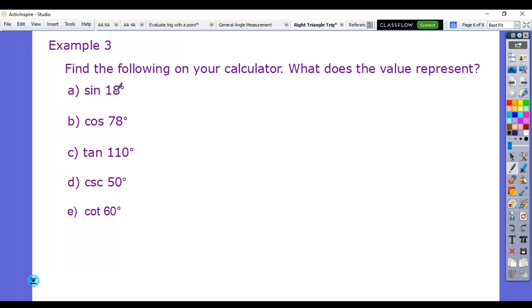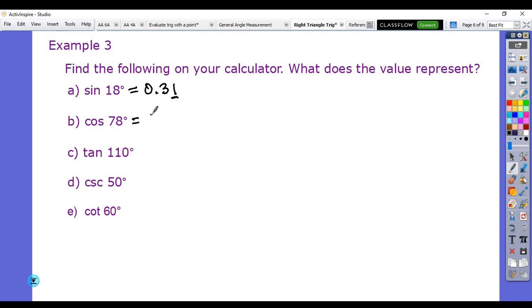Usually on the phone, you push 18 and then push sine. Calculators can go either direction, but if you find sine of 18, to the nearest hundredth, 2 decimals, it's 0.31. It's 1 because we have to round it.